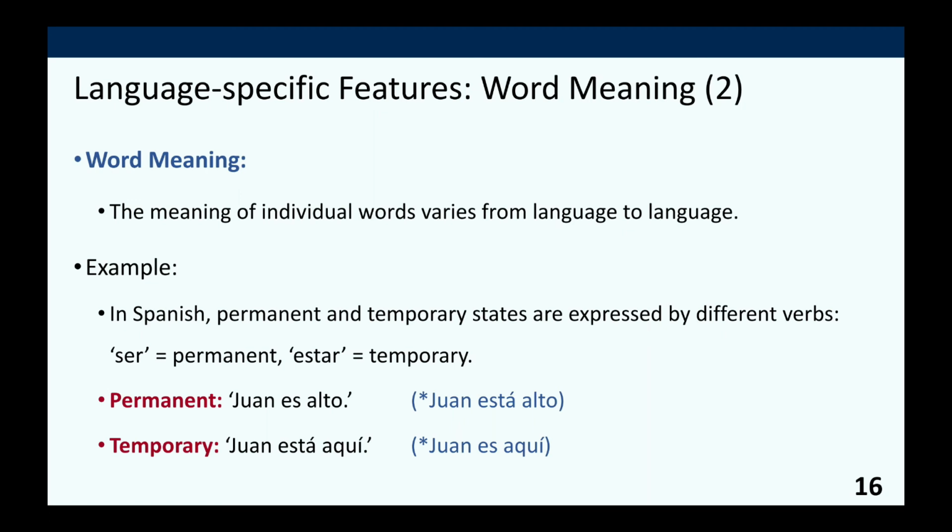So I can say Juan es alto to say that Juan is tall, and I can say Juan está aquí to say Juan is here, but I cannot say Juan está alto, because that would imply that his being tall is somehow a process that's in flux, a temporary state that can be changed when it isn't.